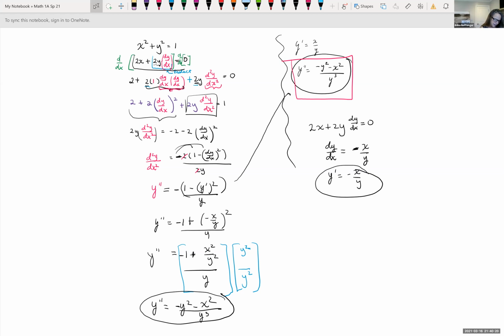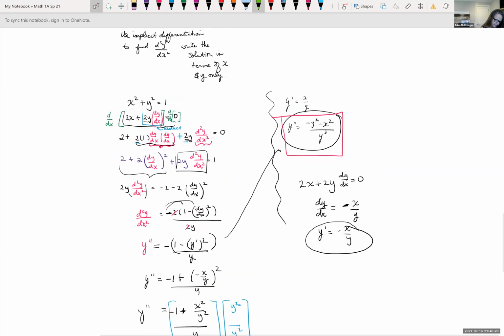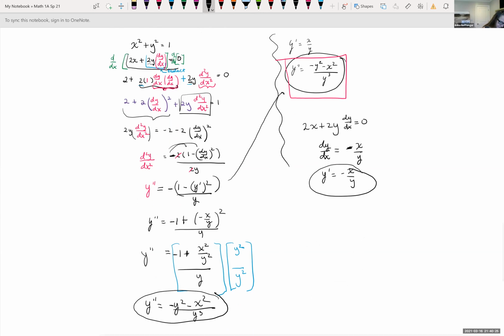Okay, so when I pulled out my negative sign, this needs to change to a plus. When I distribute that negative sign, that changes this to a minus, which makes this a minus, which keeps this as a minus, which is the same thing as this.